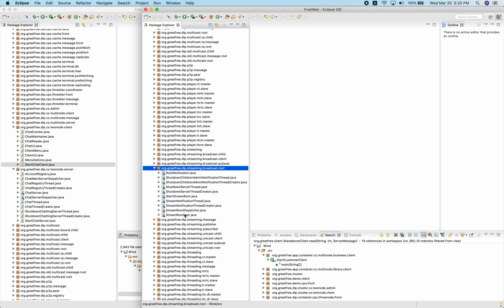Using this approach, the registry information needs to be accessed through polling, and broadcast indicates that the stream is based on the broadcasting in the multicasting framework.